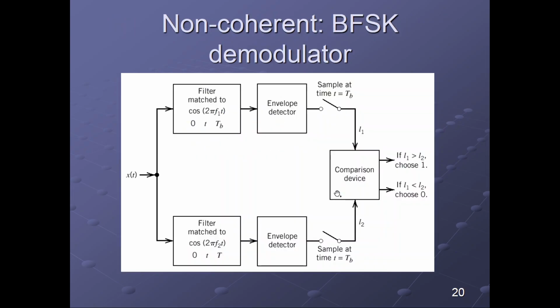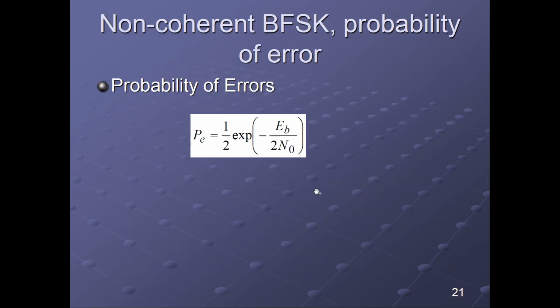The only thing is that we modified it in such a way that it fits only the binary frequency shift keying. And the probability of error in this case is exactly equal to half exponential of minus Eb over 2 N naught, which is far worse than the coherent modulation schemes like QPSK and binary PSK.